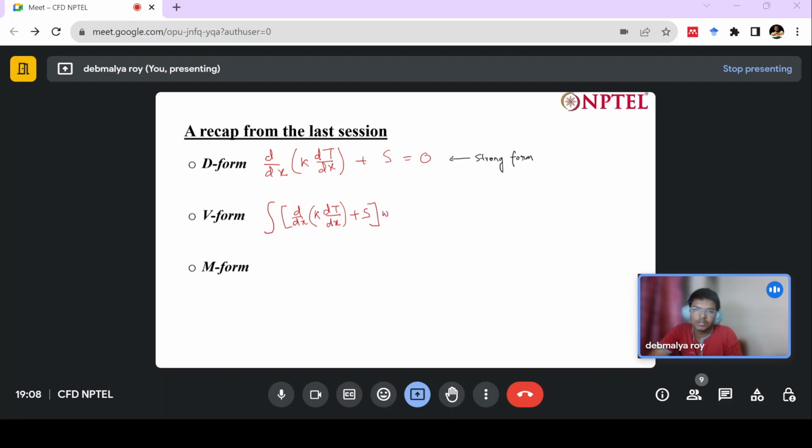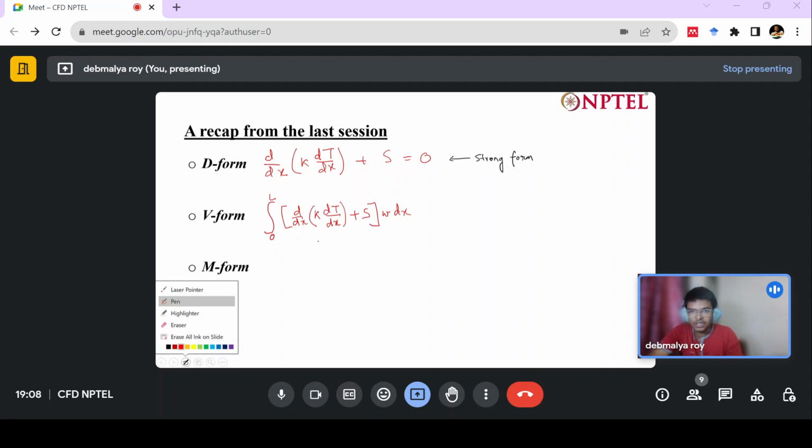Let's denote it by W, and we integrate it over the whole domain. Let's say we are heating a rod, so 0 to L. We are taking a 1D system, so we can write this. If it is a two-dimensional system, we can integrate over the whole two-dimensional domain instead of what we are currently doing. So this is the weak form.